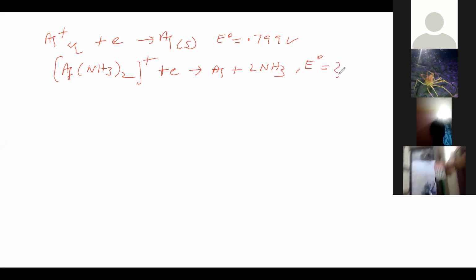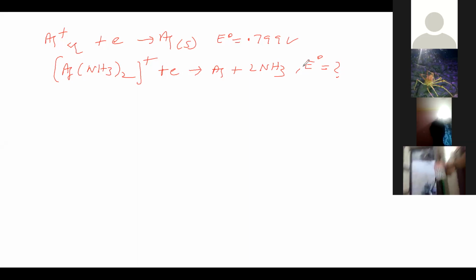For this electrode reaction, we have to find the E naught value. That is the question.